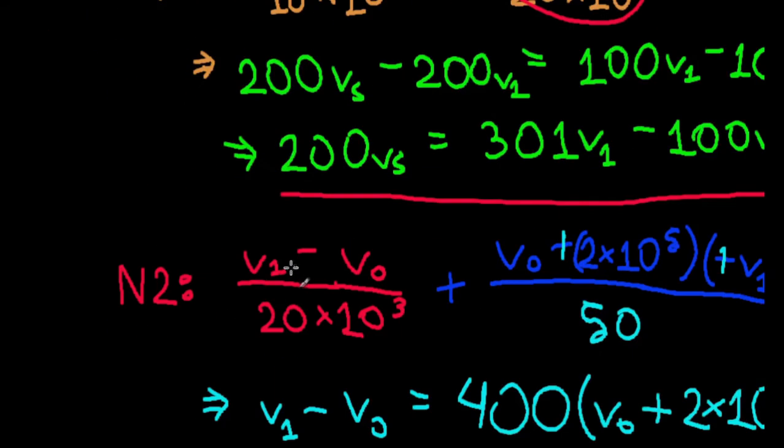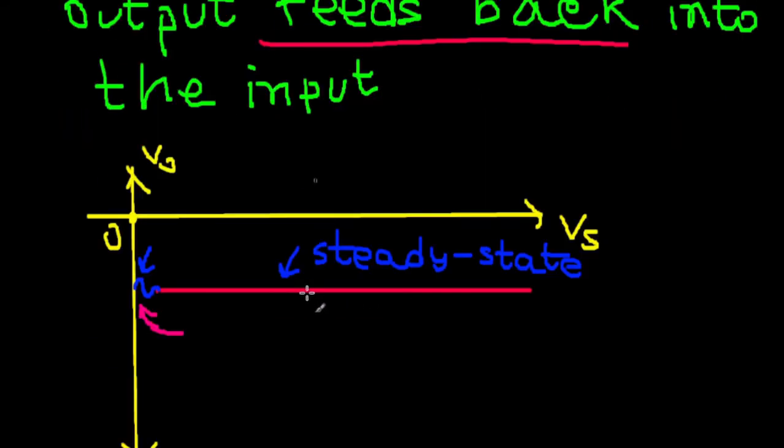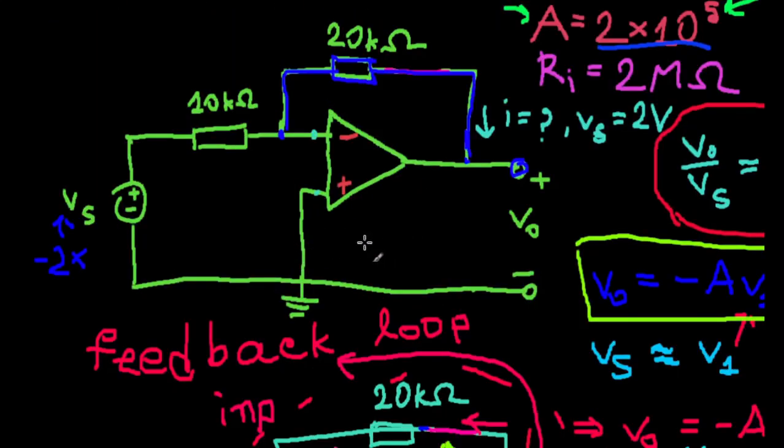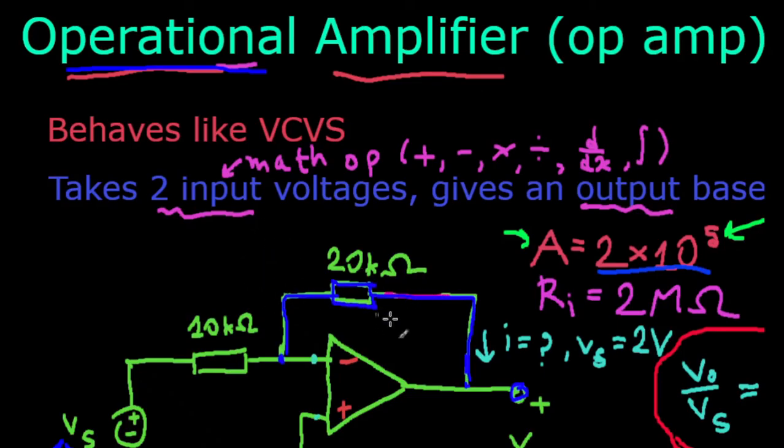It's not because we just get our result at the end. It's because this time period is actually really short. I actually tried simulating this circuit in Spice, and I kept going smaller and smaller.